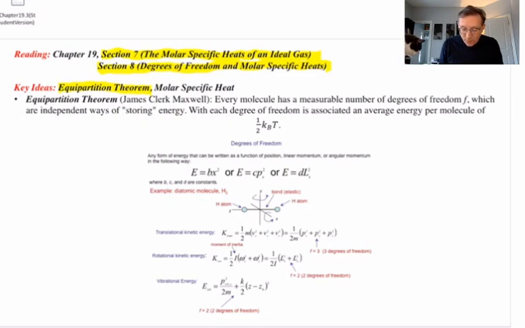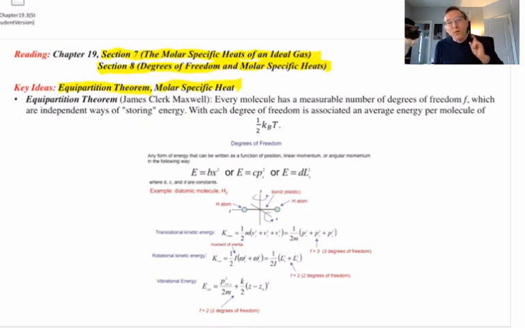And the concept of molar specific heat, which we actually already introduced in chapter 18 when we talked about absorption of heat. And in chapter 18, we said you can have what's called specific heat or specific heat capacity, which is conceptually heat capacity over mass of a sample.